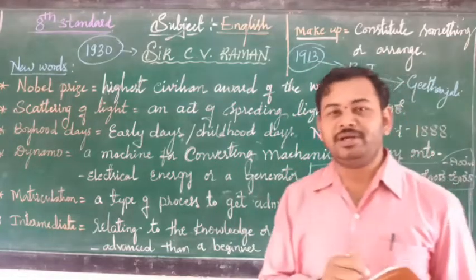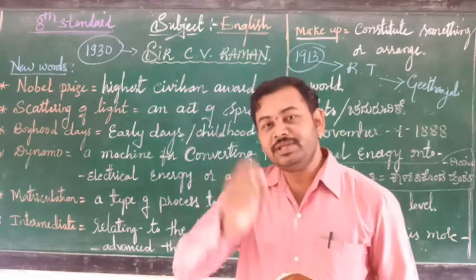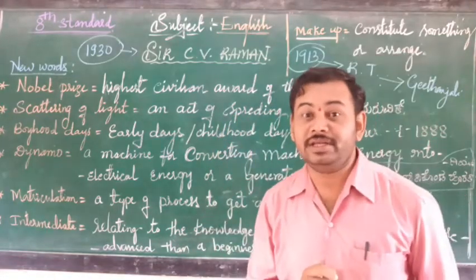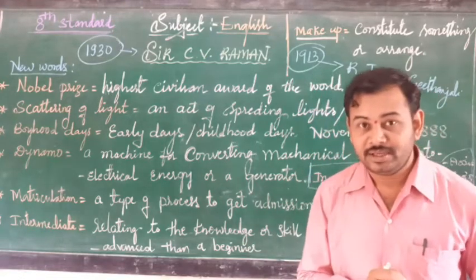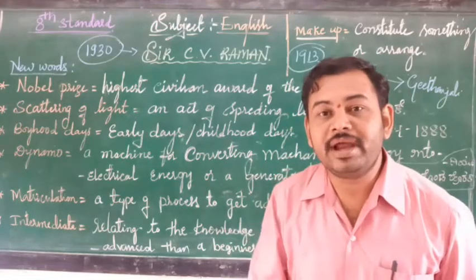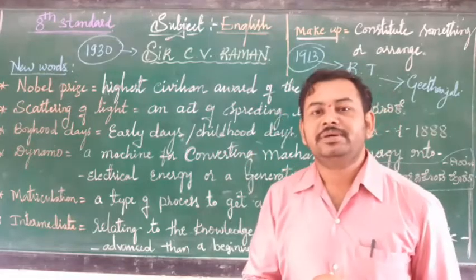One thing proves this. What is the important witness? How can we say that he had great knowledge in science? My dear students, listen to my question. How can you say that Sir C V Raman had a great interest in science when he was a boy?